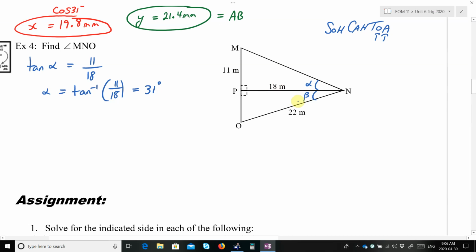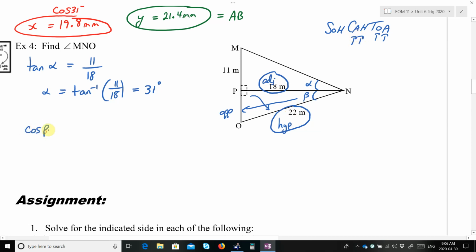And in this second triangle here, we have angle beta. Across from beta is the opposite, which we don't know. Across from the 90 is the hypotenuse. So that means that the 18 must be the adjacent side. So I circled adjacent and hypotenuse. Adjacent and hypotenuse comes from cos.